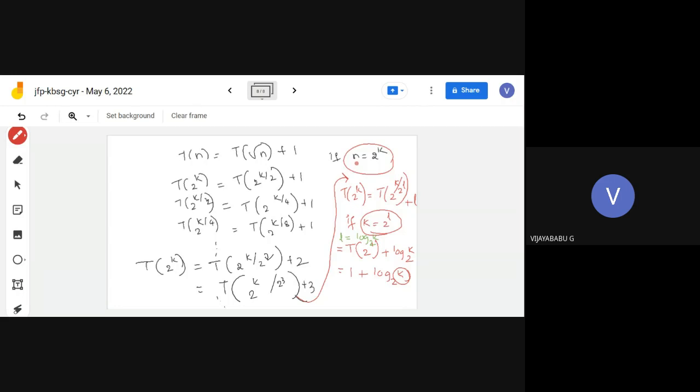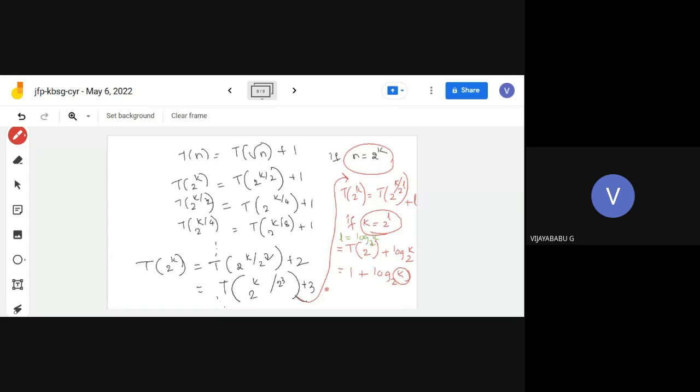So n is equal to 2 power k. If I want to find the value of k, I apply the logarithm on both sides: log n is equal to log 2 power k. So automatically k comes. So k is equal to log n by log 2. That is nothing but k is equal to log n base 2.